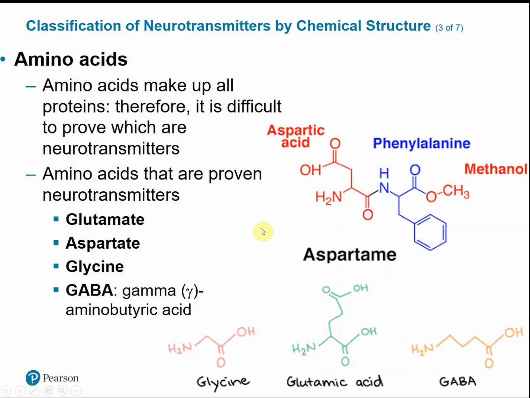Aspartame is a common artificial sweetener. Really it's just made up of this aspartic acid, this aspartate, with a phenylalanine group and a methanol. Okay? So the aspartate is part of your aspartame. Here's glycine, glutamic acid, and GABA.